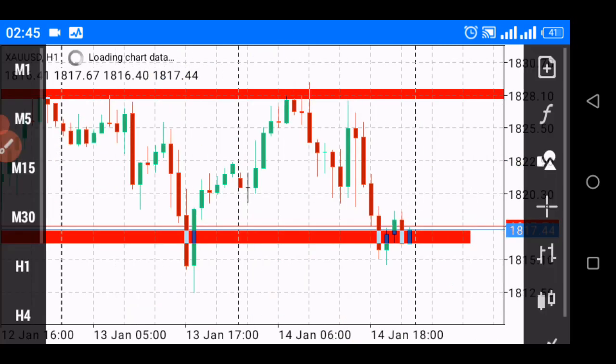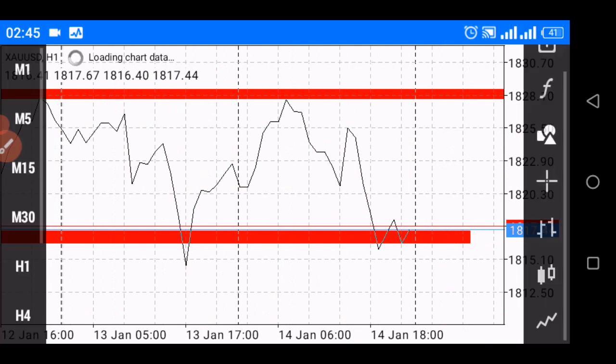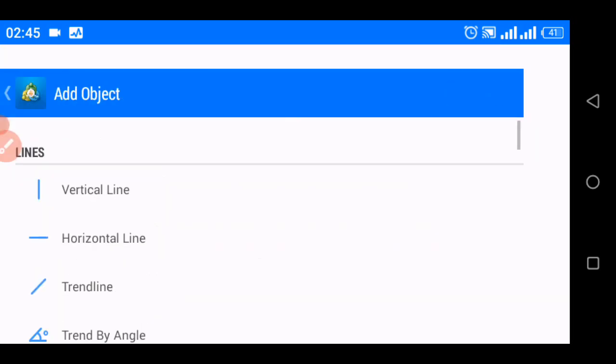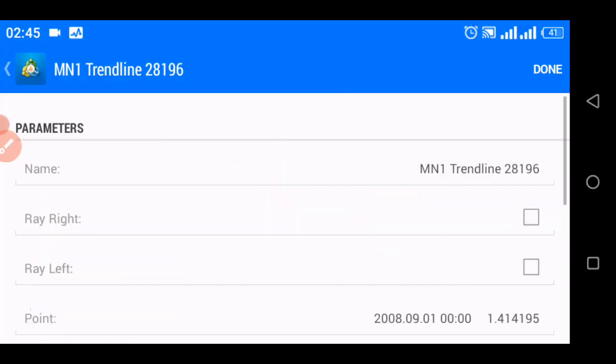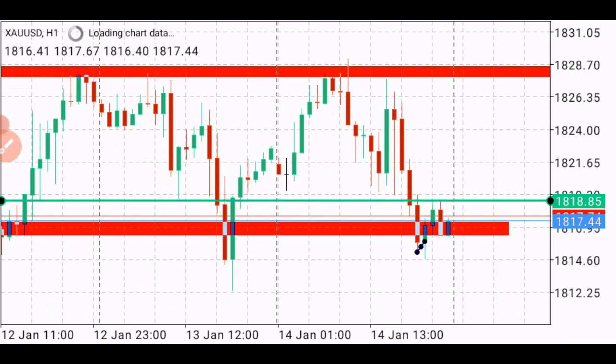You see, we are having something like a W formation here. Maybe the market is going to go up or it's going to go down. All we have to do is mark this consolidation here.